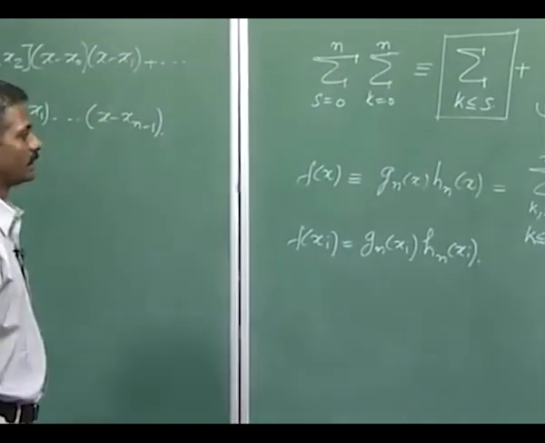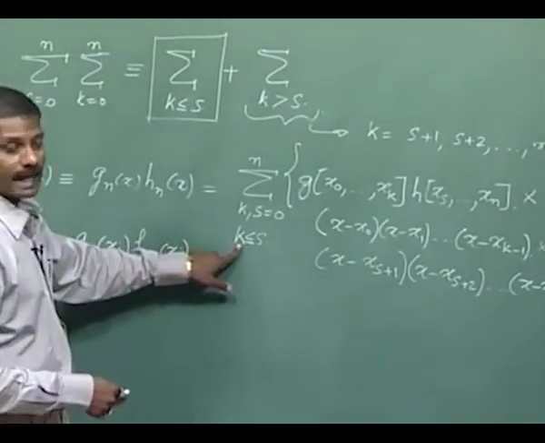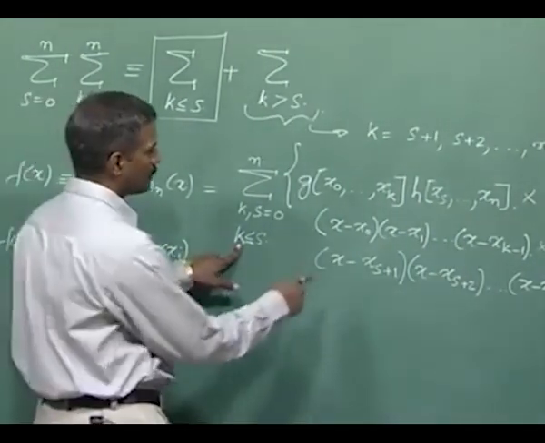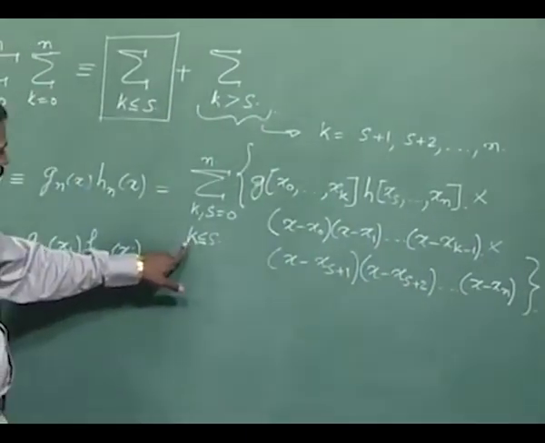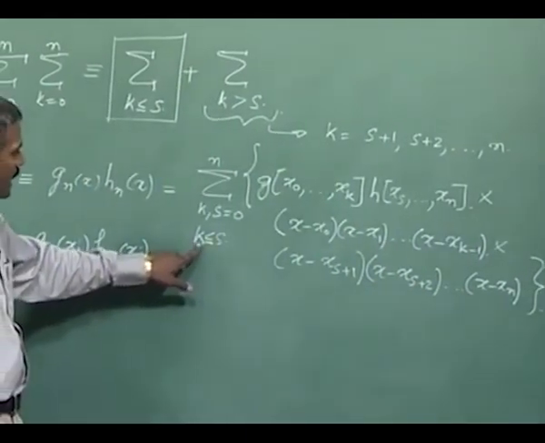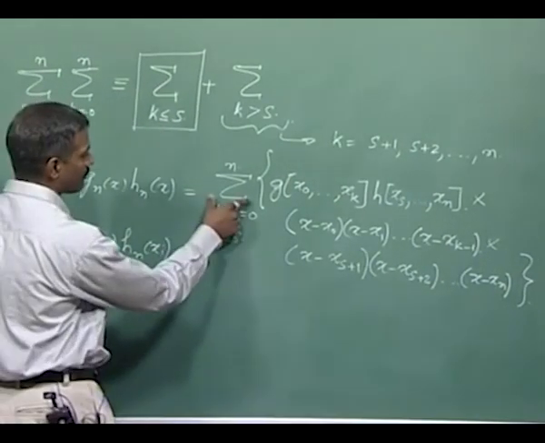Remember that we'll get the degree n for this expression only for values of k equals s. And also remember that this is a double summation.